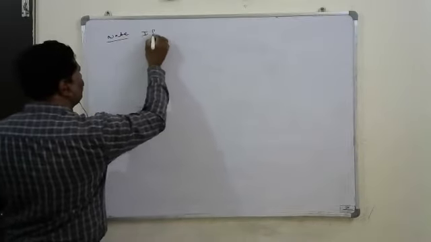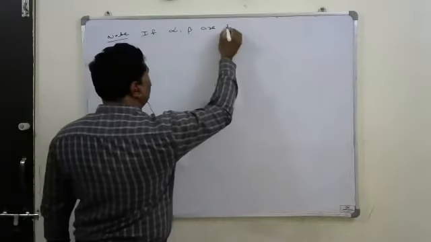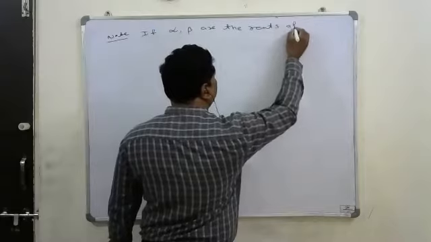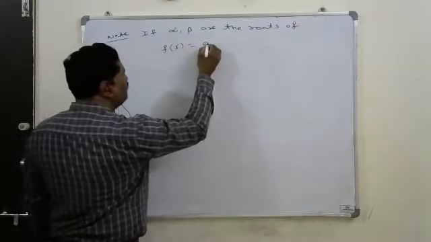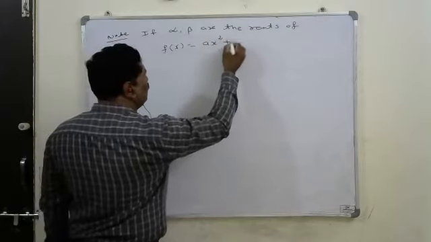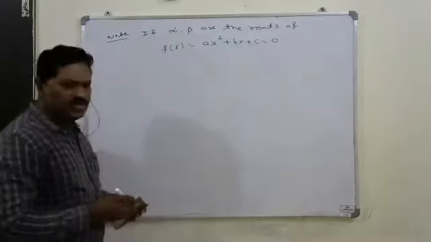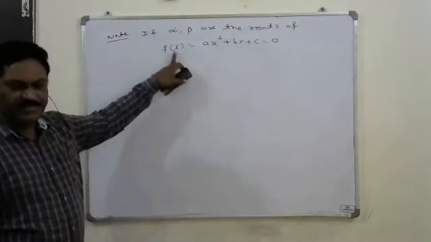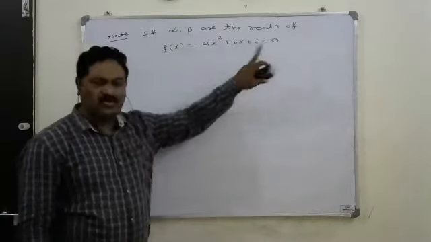Suppose alpha comma beta are the roots of whatever that equation is there, call it f of x. f of x is equal to ax square plus bx plus c is equal to 0. Let us assume that f of x is a function in terms of x, that is ax square plus bx plus c is equal to 0.